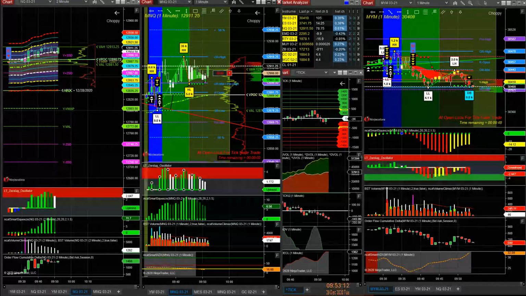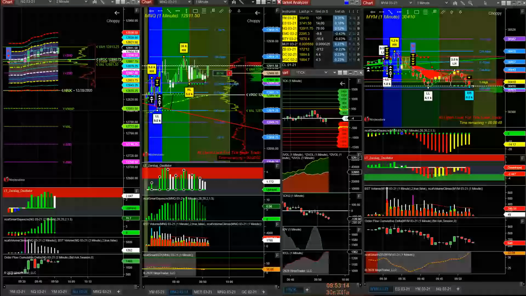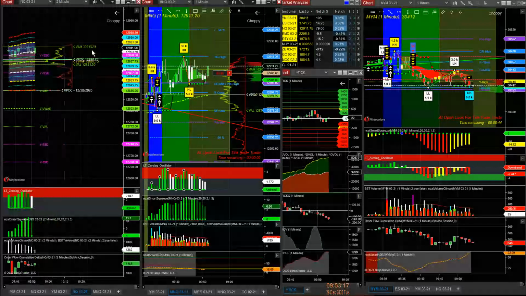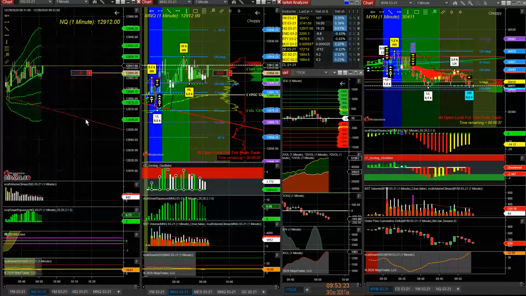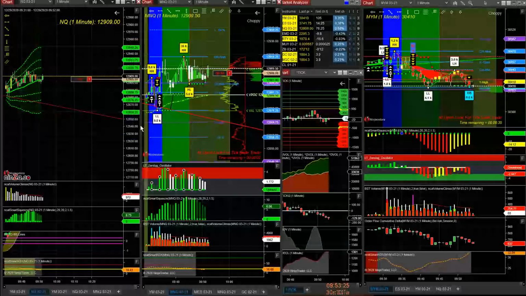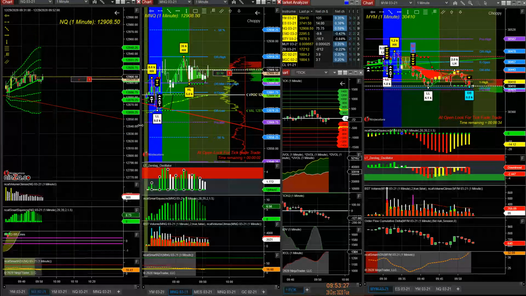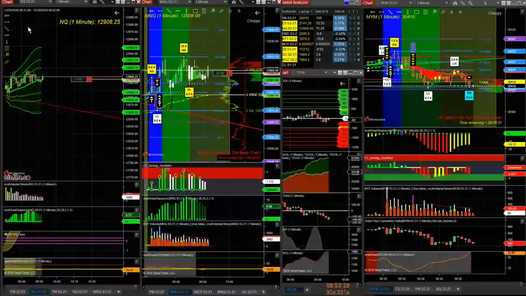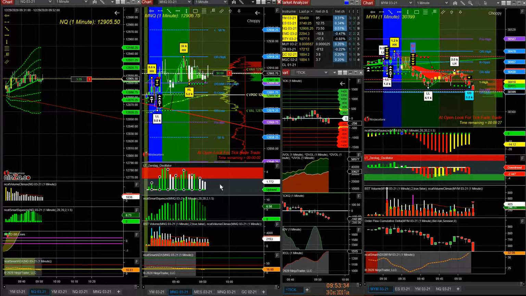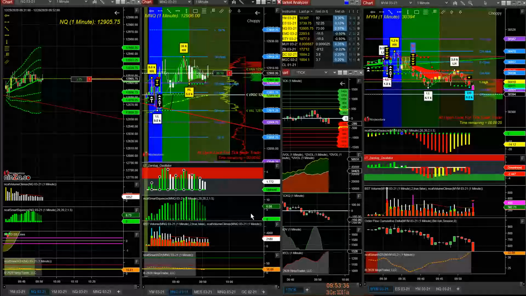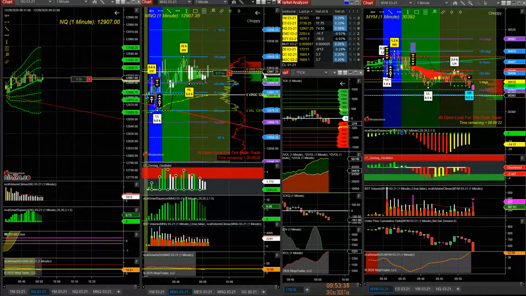Okay, it's in line. Still in an uptrend, right? See that? Momentum trying to shift. Let's see if he's going to pivot down at 10 o'clock.